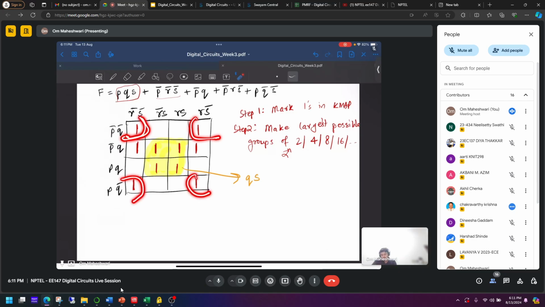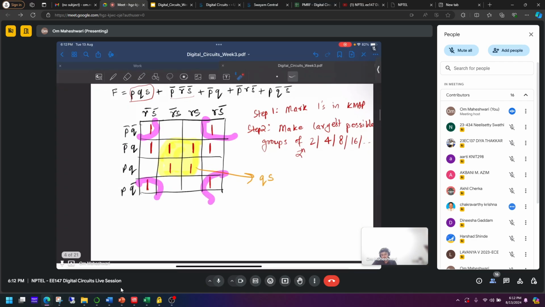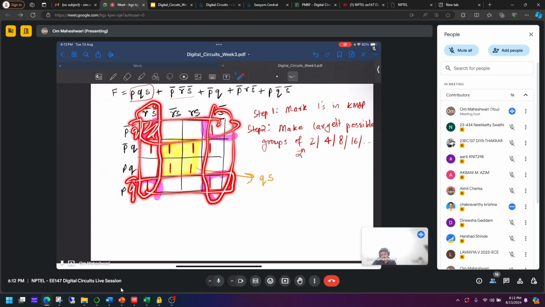At the corners also we can combine these four entities. Let me put some color here. So these four are Q bar, and these are S bar. So these four are Q bar S bar.